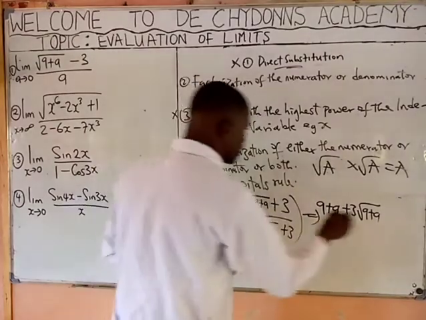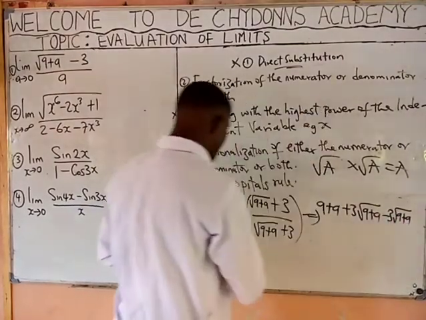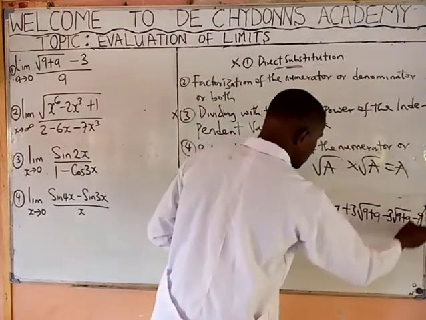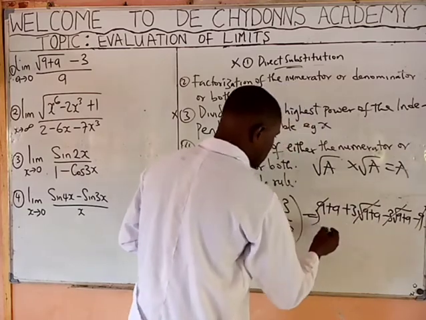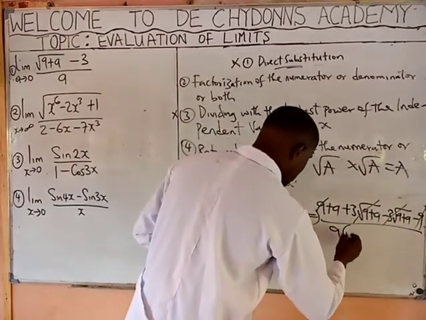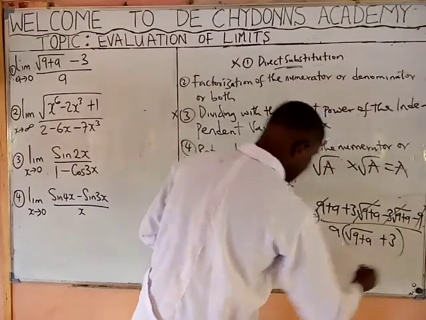This times this will give you minus 3 root 9 plus a. Then this times this will give you minus 9. This will cancel this. This will cancel this. All over a bracket square root of 9 plus a plus 3.